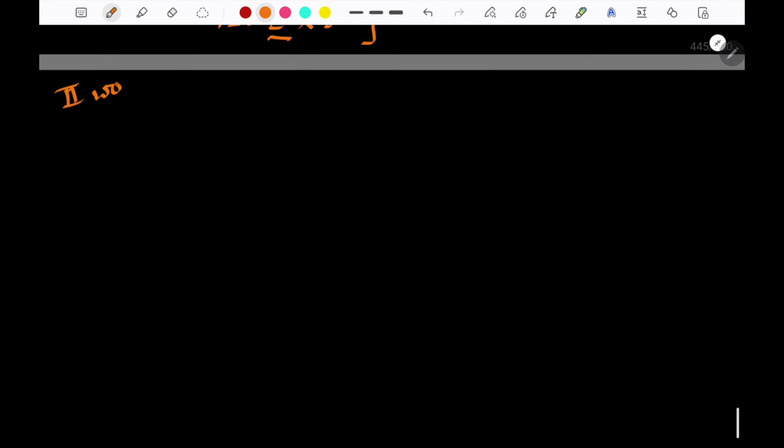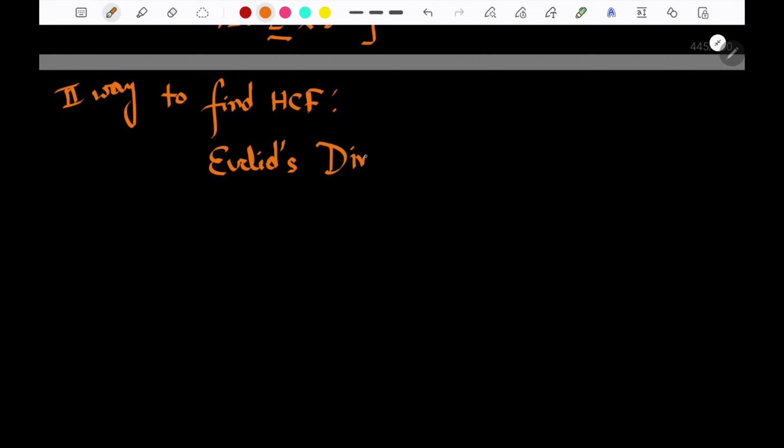But actually there is another way to find HCF. The second way to find HCF is by Euclid's division algorithm. Those who have already studied class 10 or are in class 10 have already studied this way. That is Euclid's division algorithm. So what does it state?